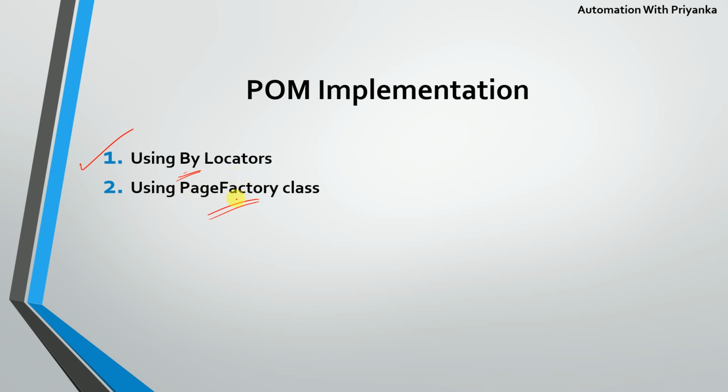I will be covering in practical two different approaches: page object model using By locator, and page object model using page factory. This is how you need to understand why we need a page object model: for simplification, maintenance, improving code reusability and reducing script maintenance cost.